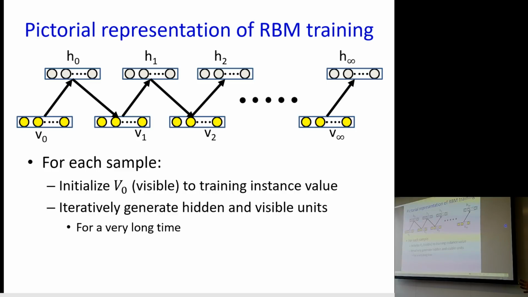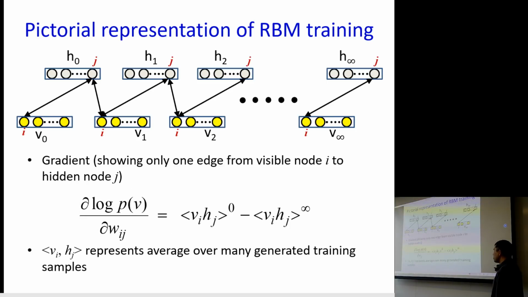And it turns out the two of them can be combined into one step, like so. You just set the yellow visible units and let the network compute the hidden units, compute the visible units, compute the hidden units, and let it continue. Then the first component of the gradient can be computed from the bits after the first step, and the last component from the bits after the last step.